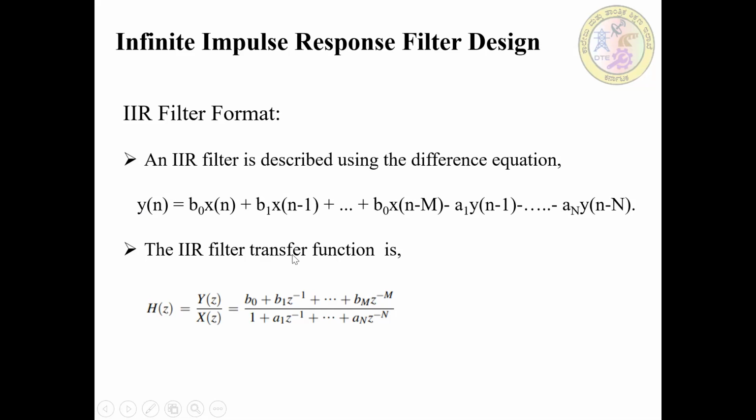And this IIR filter can also be represented using a transfer function. As we all know, the transfer function is nothing but the ratio of the Z transform of the output to the Z transform of the input.